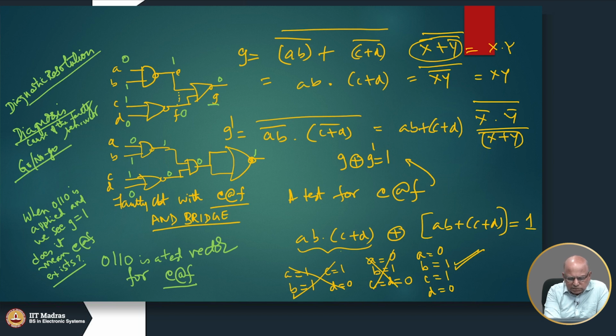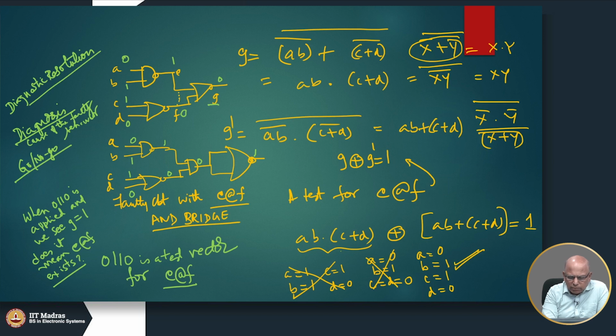With a single test, if I apply 0 1 1 0 and I find G is 1, then there could be the following reasons. G could be stuck at 1, E could be stuck at 0, A could be stuck at 1, or an AND bridge may exist between E and F. And there could be a few others that we have not thought through.